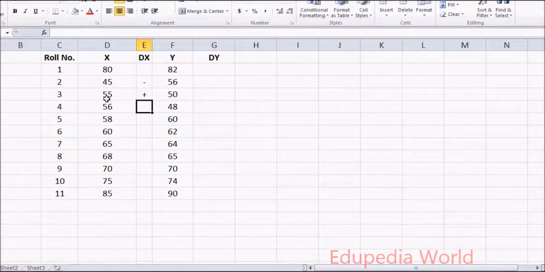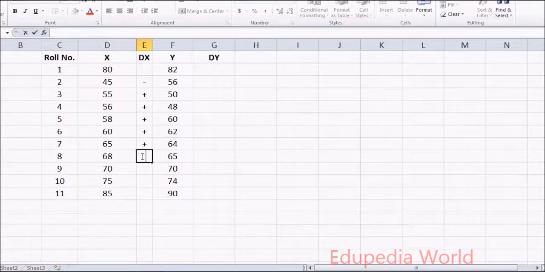Further, again there is an increase, although just by 1 unit, but still it's to be considered as an increase, therefore I'll mark it by a positive sign here. Next, again there is an increase, therefore another positive sign here. Further, again there is an increase of 2 units, so another positive sign. Again we have from 60 to 65, this is to be marked by a positive sign.